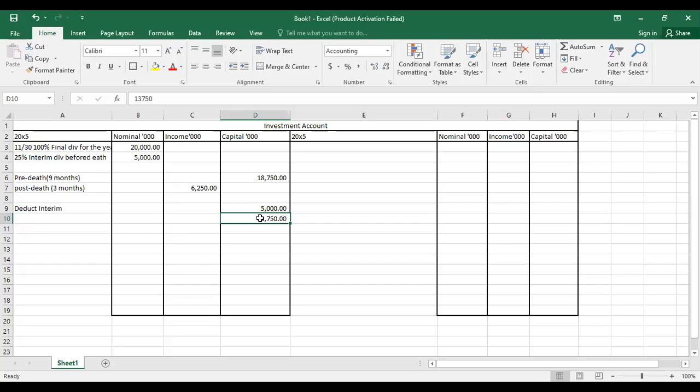So we are assuming the death is coming on 30th June of 20x5. Our holding is still 2 million ordinary shares of 10 shillings. You're just changing the figures for dividend received. Our final dividend is 15%, our interim is 11%.